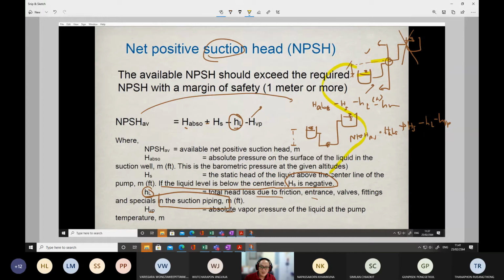So here H is negative. So be careful while determining the NPSH available.